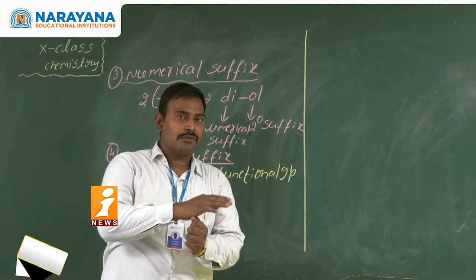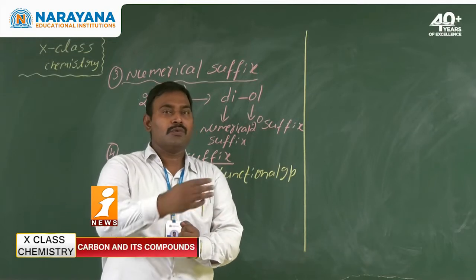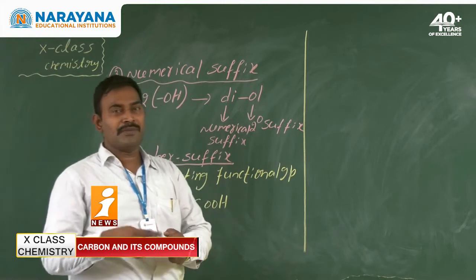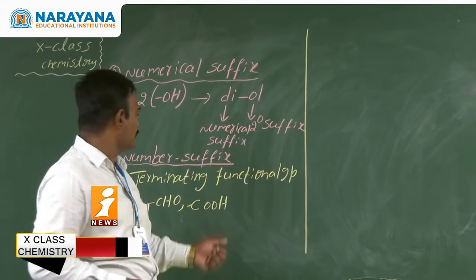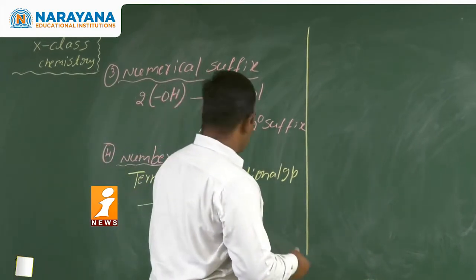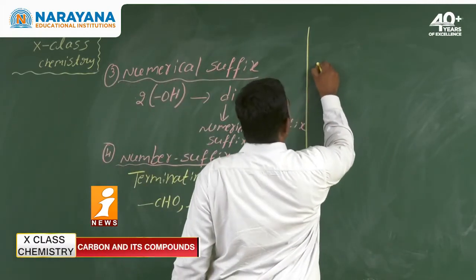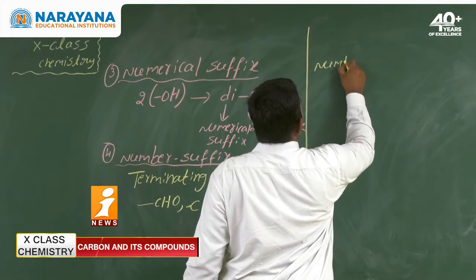We have discussed the root word, primary suffix, secondary suffix, numerical suffix, similarly primary prefix and others. Now see the procedure to write the name. First, we have to write the number suffix.